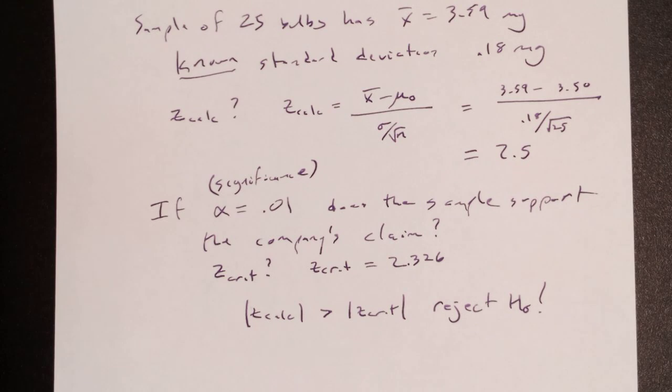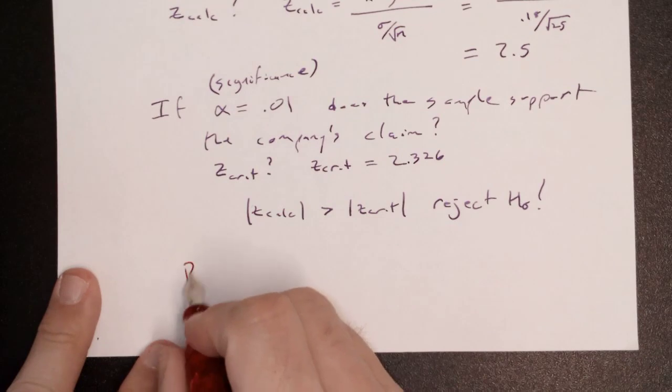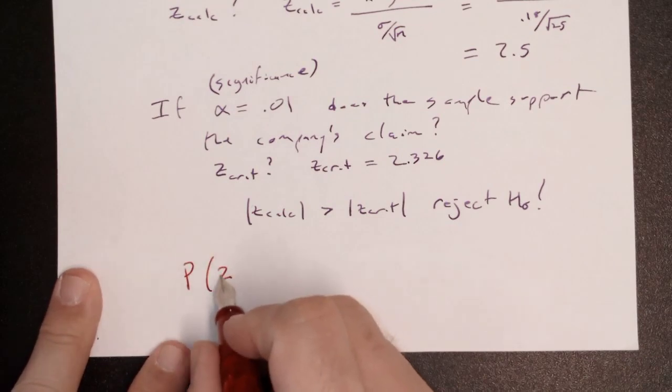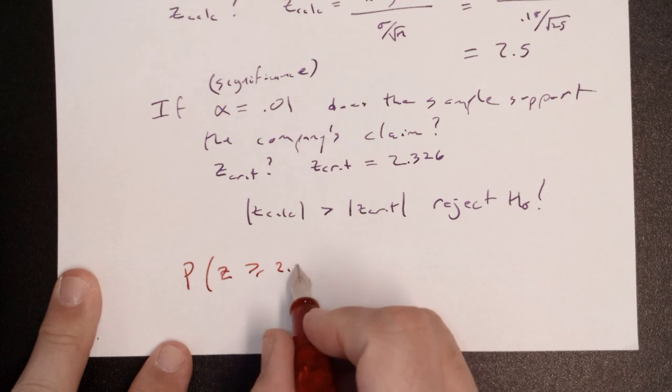Another thing we can calculate based on our Z calculation is the chance of getting a number that far away from our average. We can think of the area in our normal distribution. What I could ask is, what is the chance that I got a Z value bigger than or equal to 2.5?